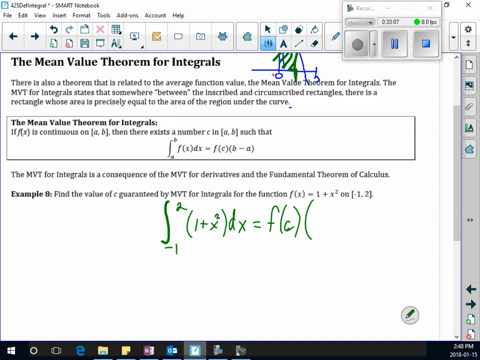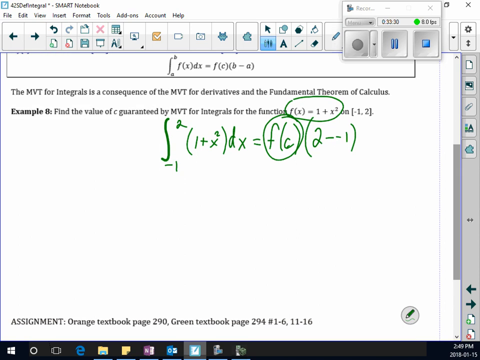Times b minus a. And what's b minus a? 2 minus negative 1. This is something we know. Does anybody think they know what it is? Look at this. What is f of c equal to? The average? 1 plus c squared. Very good.